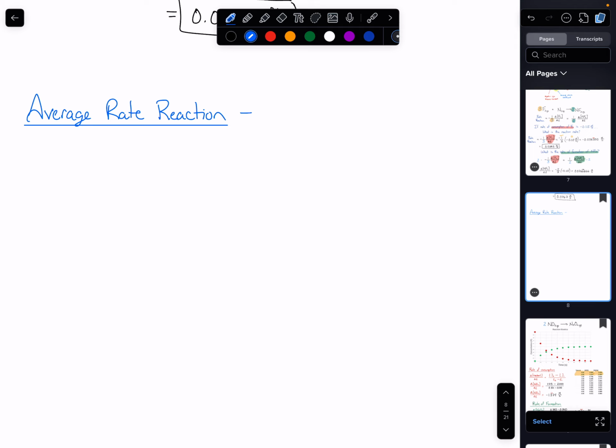Okay, this is the rate that we calculate over a given time interval.